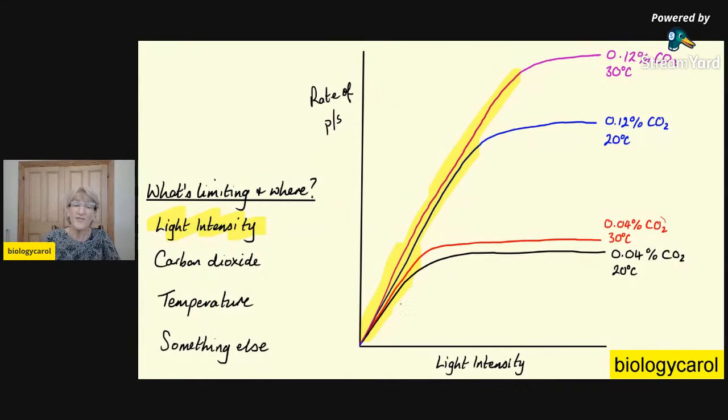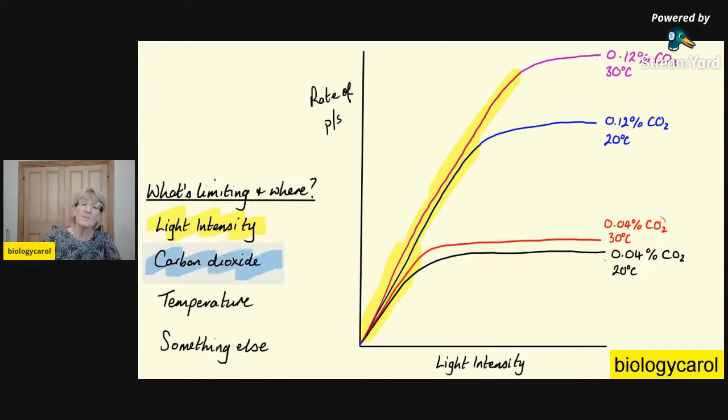So definitely light intensity is the limiting factor on all of them down here, but you can see that light intensity is the limiting factor in this particular set of conditions right up to this point.